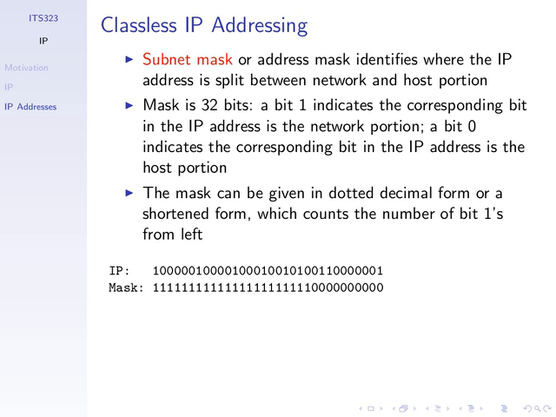This is not an IP address, but the concept is that part of the address identifies the network, and part of the address identifies the host. This would be A1, this would be C4, and C3.